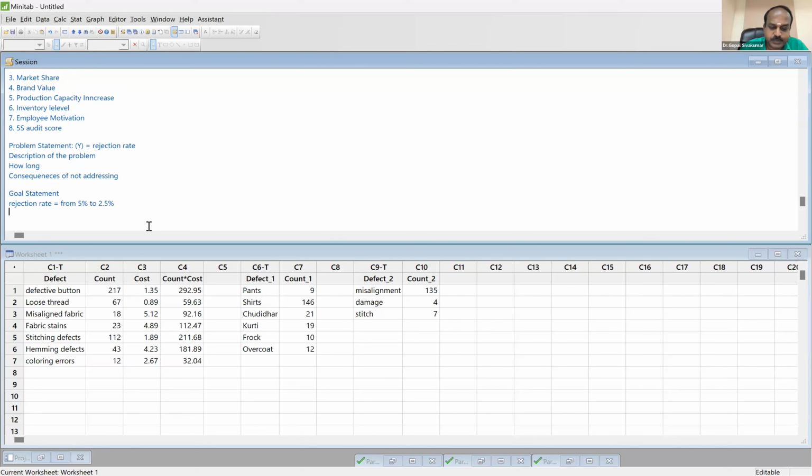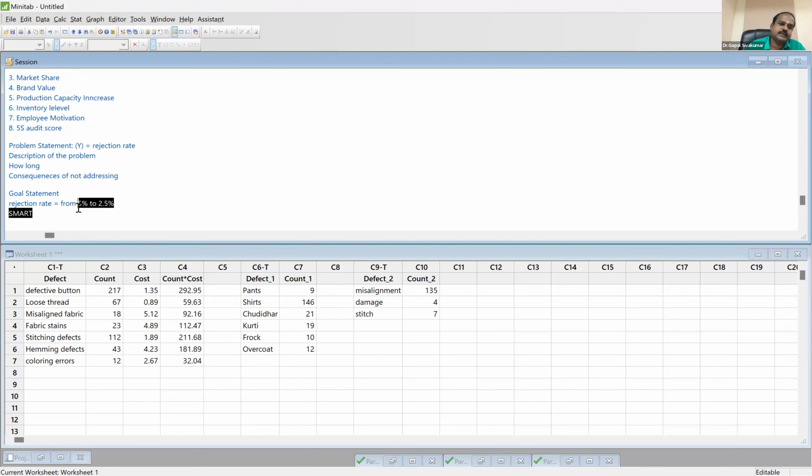So please note, always your goal must be SMART. SMART means it should be specific, measurable, achievable, relevant, and time bounded. Is the goal specific? We already defined the problem in a specific manner, isn't it? And rejection rate is measurable accurately. And 2.5% is achievable.